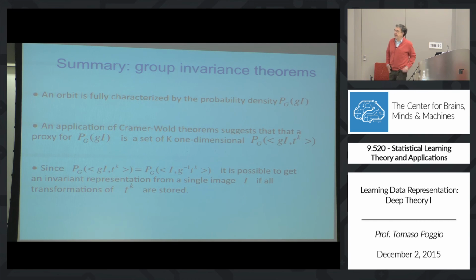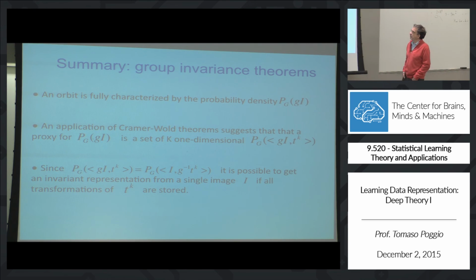So the steps are that an orbit, so all the transformations of an object, is fully characterized by this probability distribution over the orbit, if you want.